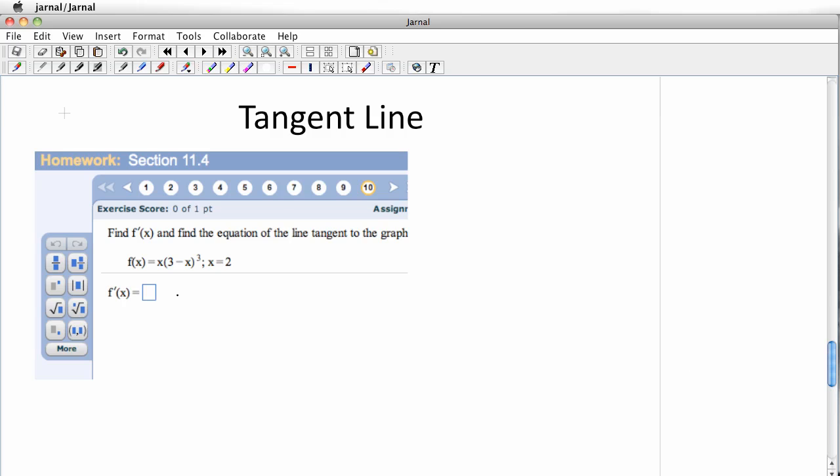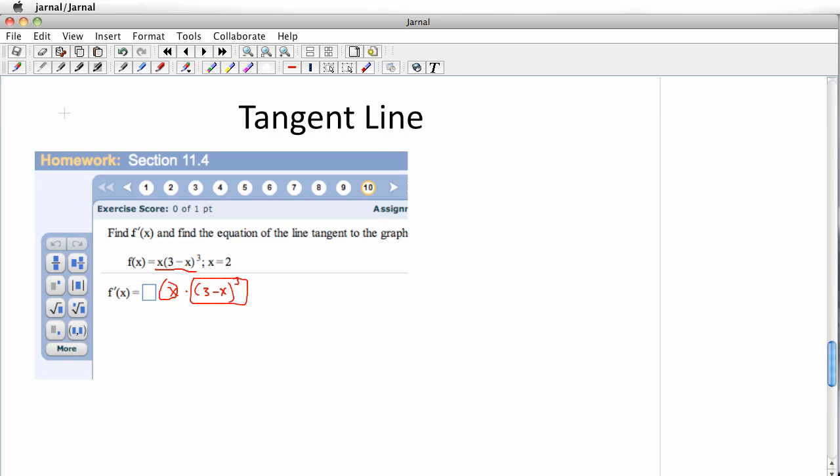We first have to find the derivative rule. When I see this, I have to decide what kind of rule I'm going to use here. This is a product. It's x times 3 minus x cubed. So if I had to categorize this, I would say it's a product of something there and something there.